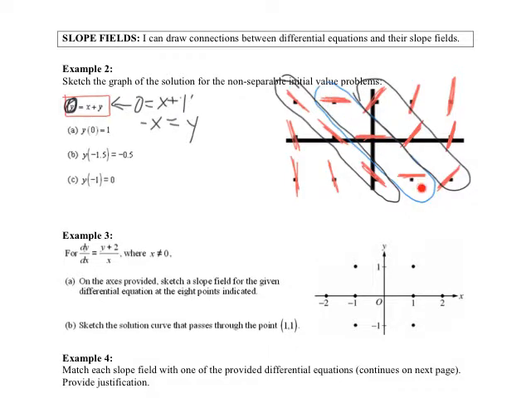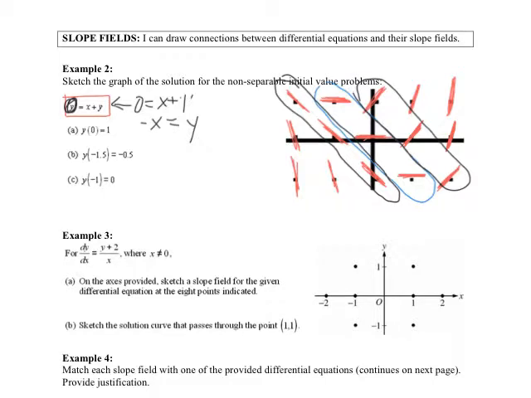And that's what we have going on here. This is a really useful tool for when we go to find our equations given a slope field. We can work backwards, and we'll be doing that in example 4.